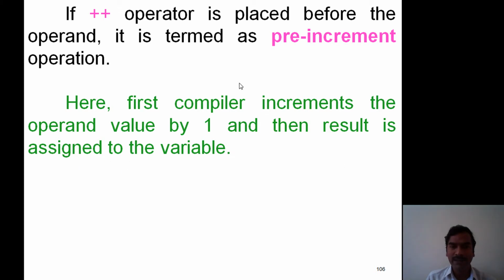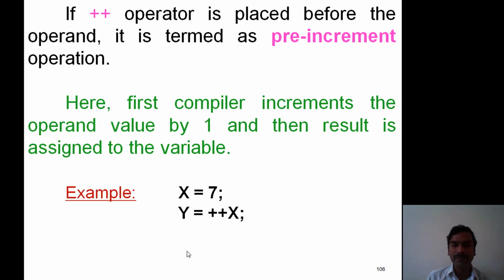Now refer this point. So in pre-increment operation, first compiler increments the operand by 1. Okay? First increments the operand value by 1 and then the result is assigned to the variable.